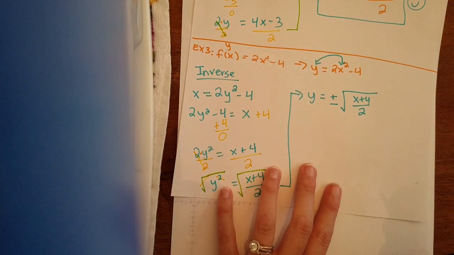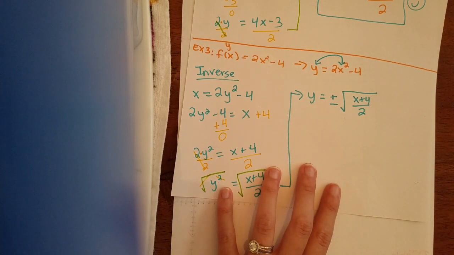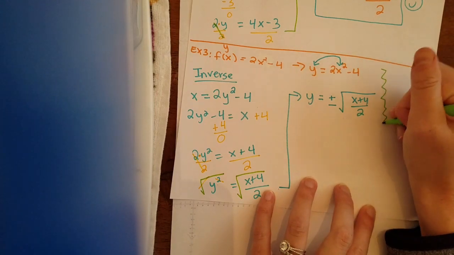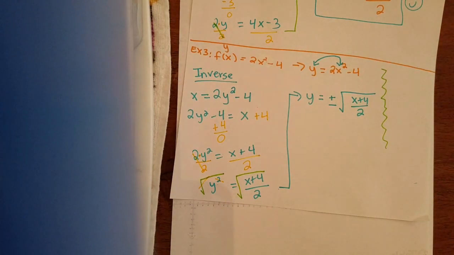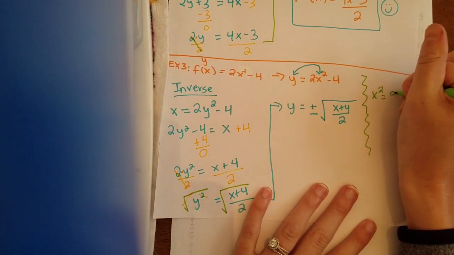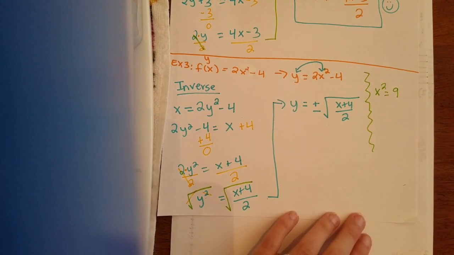Now, the reason why that is, I'm going to give you an example to kind of explain why there's a plus or minus. This is kind of a little side note. Doesn't really involve the problem, but it explains that plus or minus. If I have x squared equals 9, there are two possible numbers that I can square to get 9.